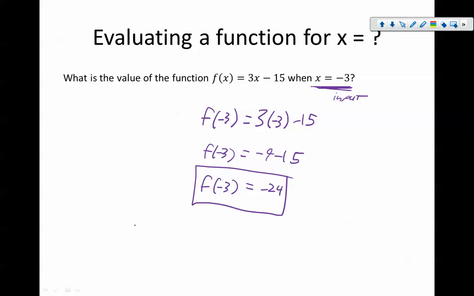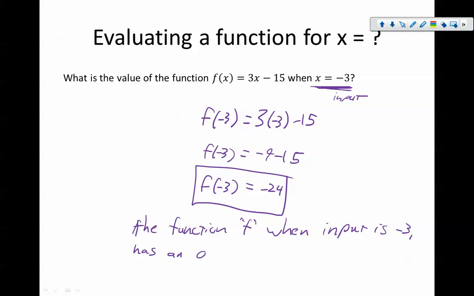This means the function f, when input is negative 3, has an output of negative 24. That's what this says. This is how we translate this.